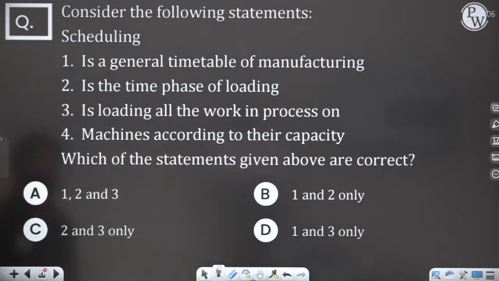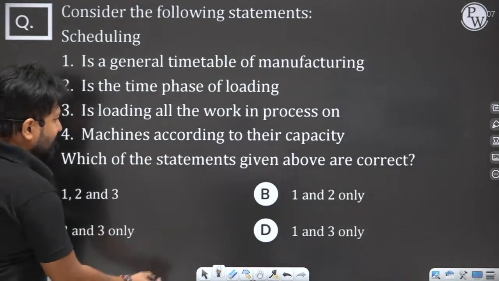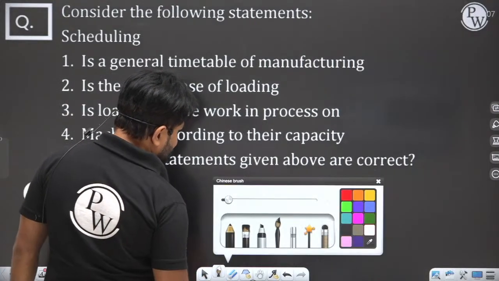Consider the following statements. Scheduling is what? One, a general timetable for manufacturing. Two, the time phase of loading. Three, loading all the workpieces, all the work in process, on machines according to their capacity. Fourth will not be the answer, because fourth is not given, and even in the options it is not given.